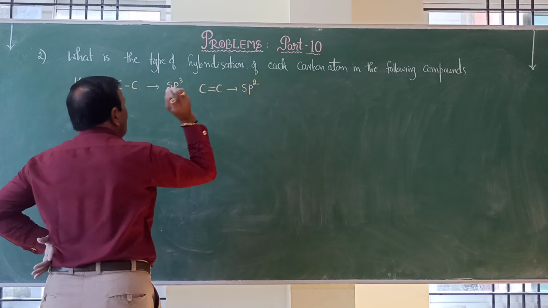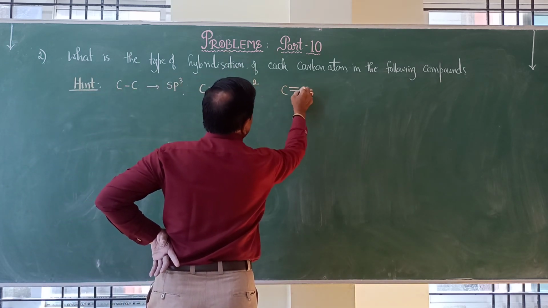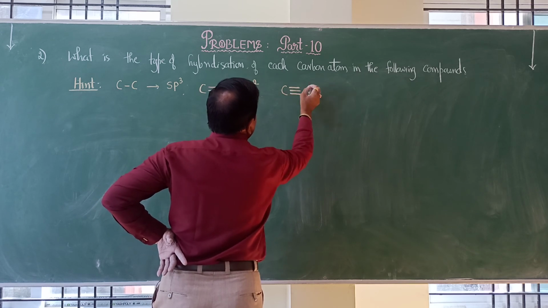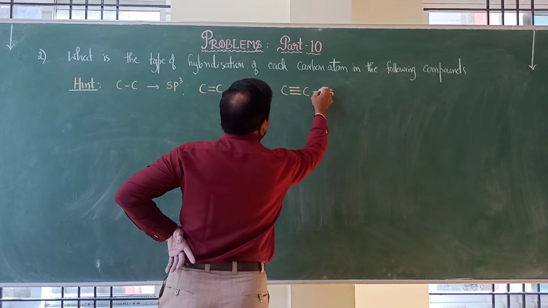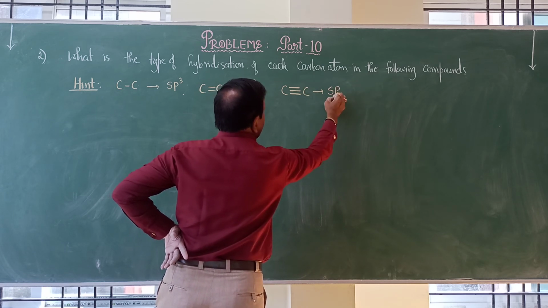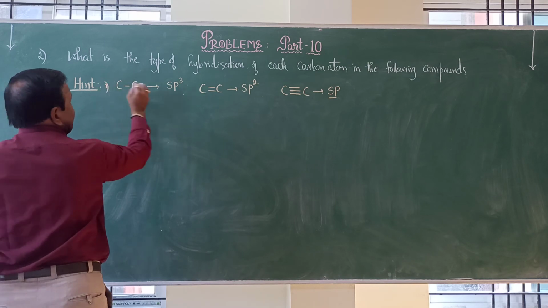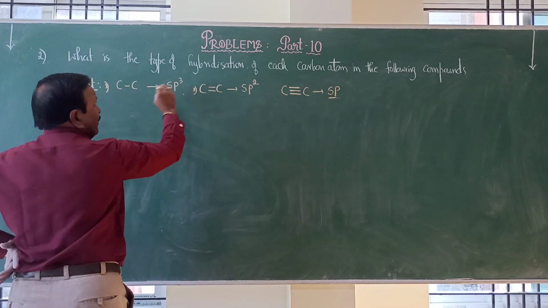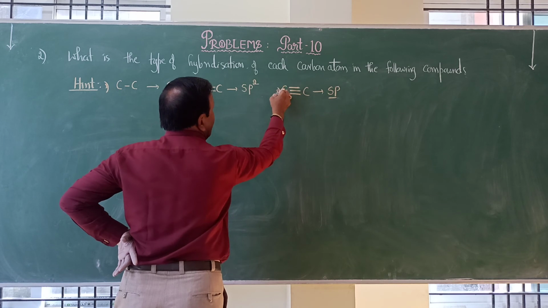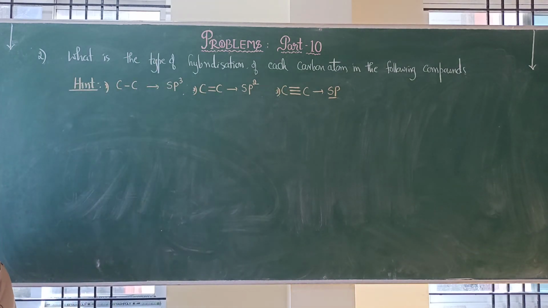And carbon, triple bond carbon, the hybridization will be sp. So remember these 3 points. If you remember these 3 points, we can find the hybridization very easily.